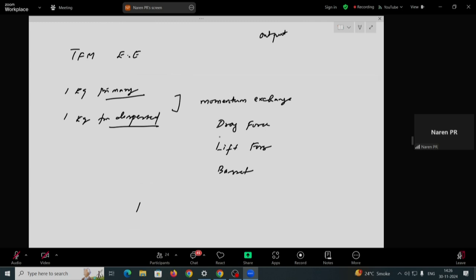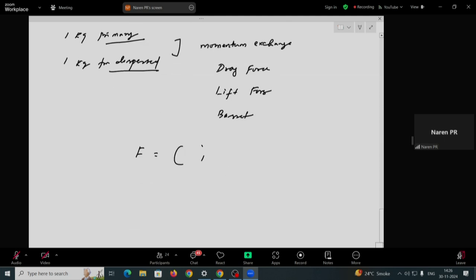They are primarily force terms. They depend on how large the velocity difference is between the two phases. So what I write here as delta U is nothing but the velocity of the primary phase minus the velocity of the dispersed phase. It can be written either way also. So this force is proportional to the difference in velocity between the primary phase and the secondary phase.